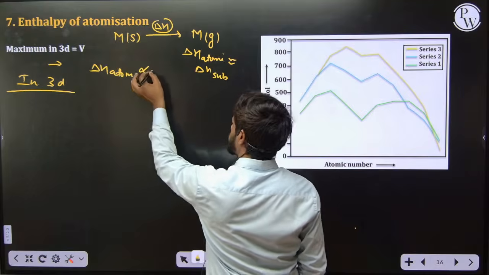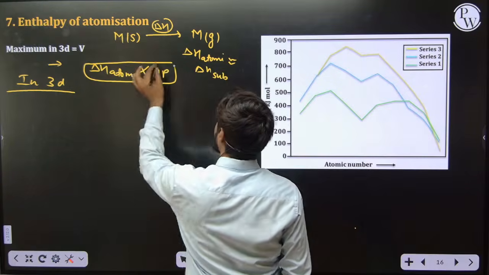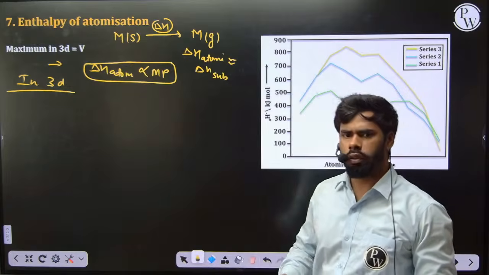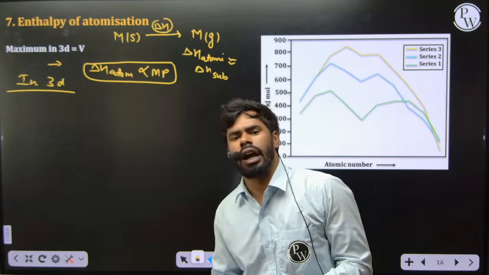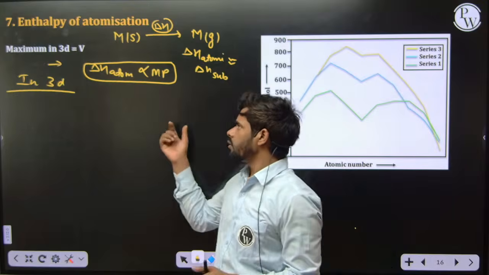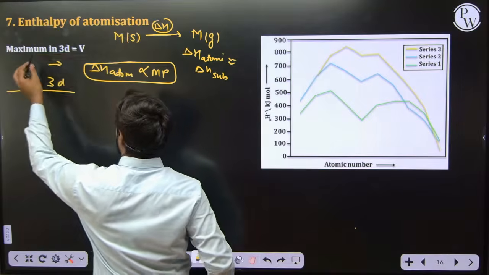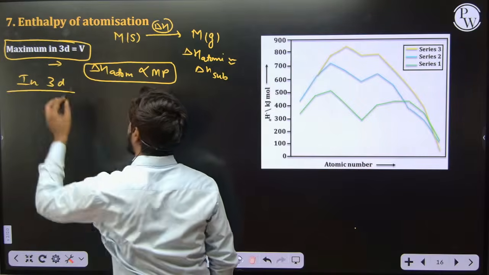Delta H atomization is directly proportional to the melting point, or we can say the metallic bonding. The stronger the metallic bonding, the more the delta H atomization will be. In the 3d series, the maximum is for vanadium.